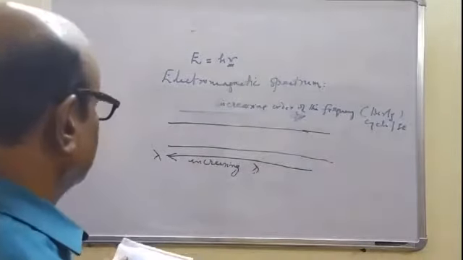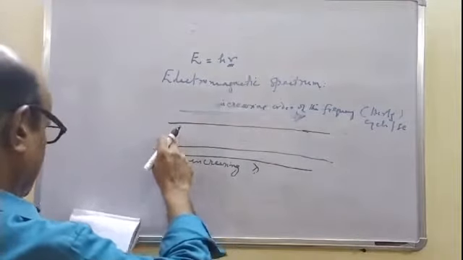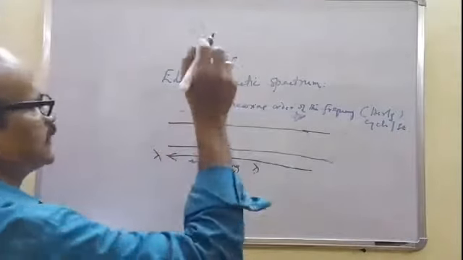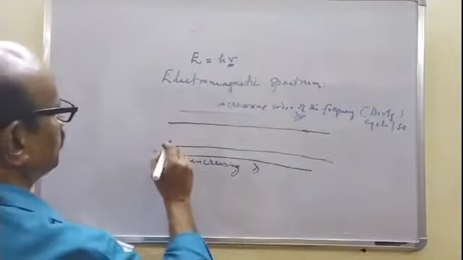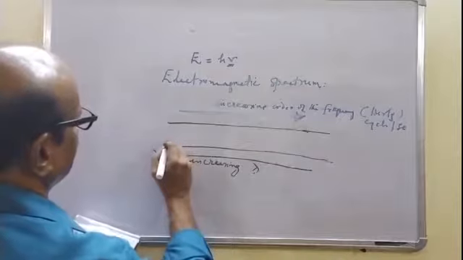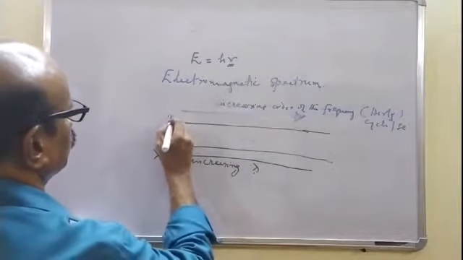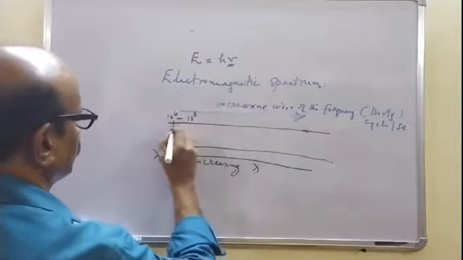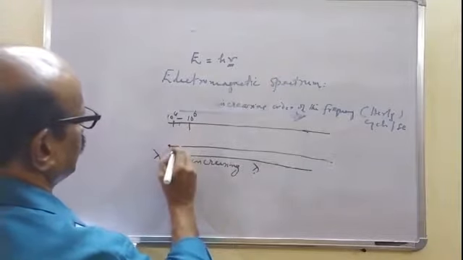The spectral region with the lowest frequency is the radio frequency, the radio waves. The various regions of the electromagnetic spectrum: radio waves lie in the 10⁴ to 10⁶ range.